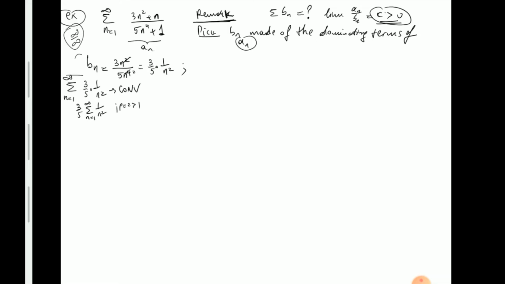So we know that much about my pick. The only thing I have to show is that the limit of An over Bn is a positive number. So I'm going to put 3n squared plus n over 5n fourth plus 1, divided by 3 over 5n squared.